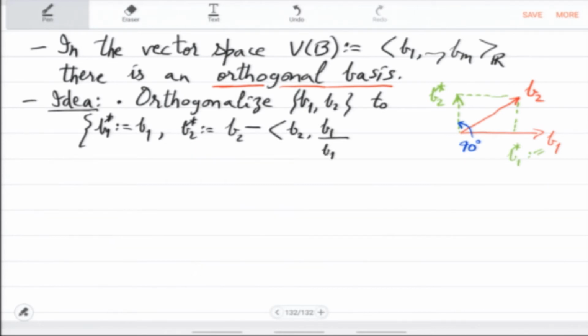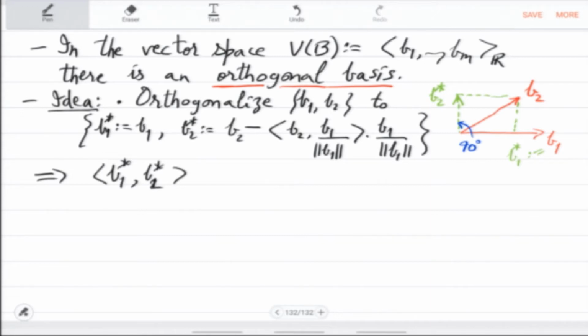So you have to take the unit vector. Basically look at the direction B1 and project B2 on that, that is the component, inner product of B2 comma B1 over norm of B1, and then in that direction you do the subtraction. You can check that the inner product of B1 star and B2 star is 0. This follows easily.